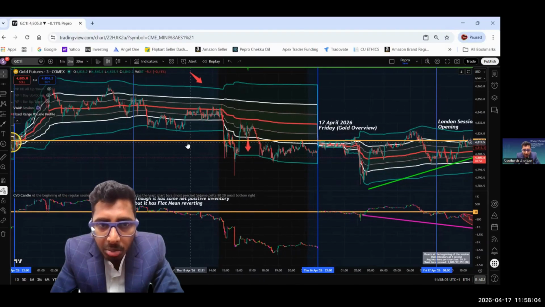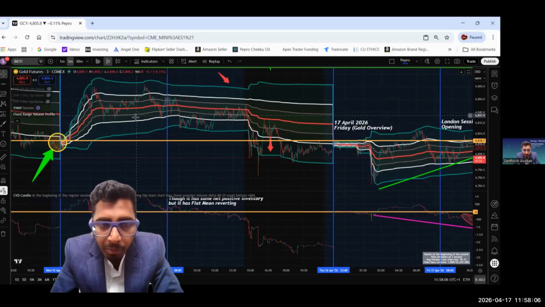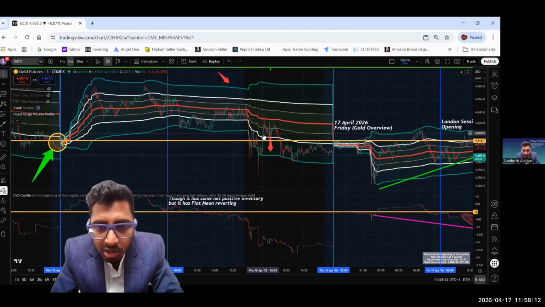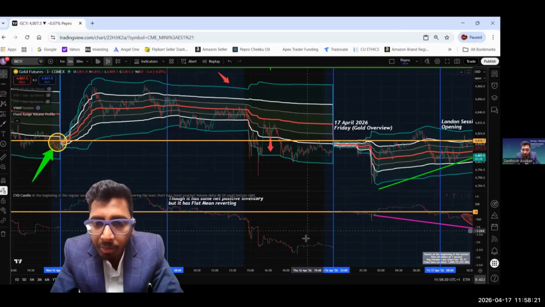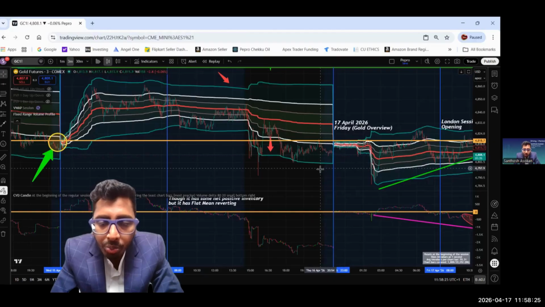So my bias was initially on mean reversion, and I even took a mean reversion trade, but somehow I got an exit. After the New York session, it showed some weakness, closing in negative inventory and with the price closing at the day's low.